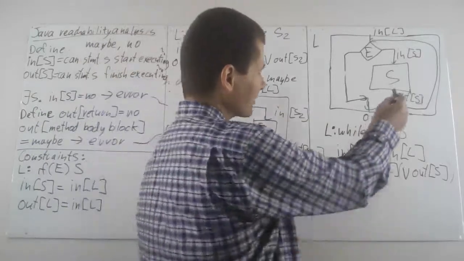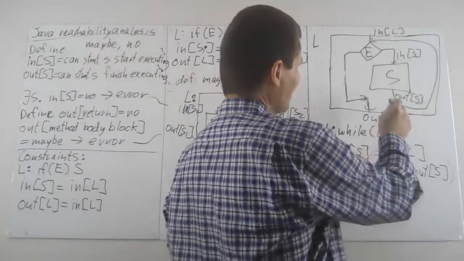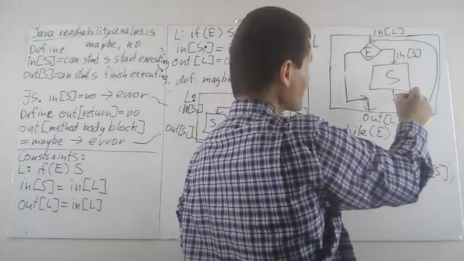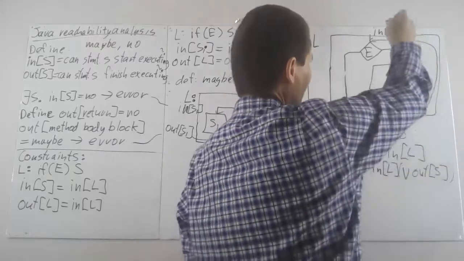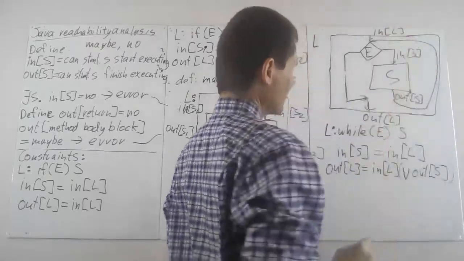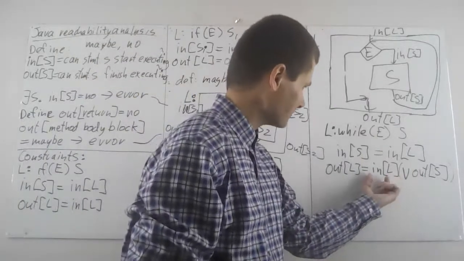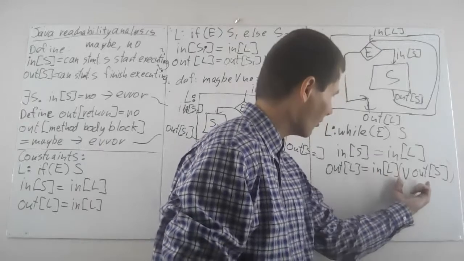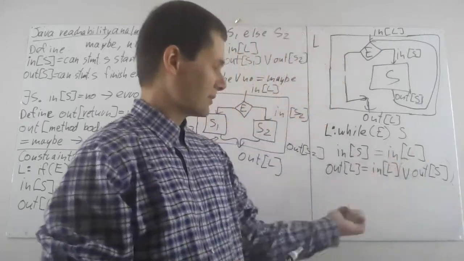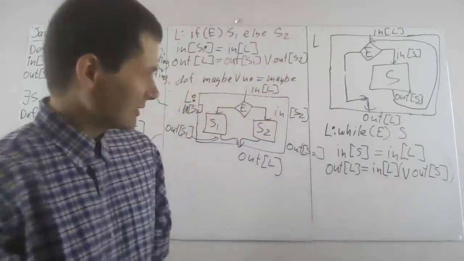Well, in order to get to out of S, if out of S is going to be reachable, you must have gotten to it somehow. So if out of S is maybe, then in of L must be maybe already. And so there's no case where in of L or out of S would give you a different value than only in of L.